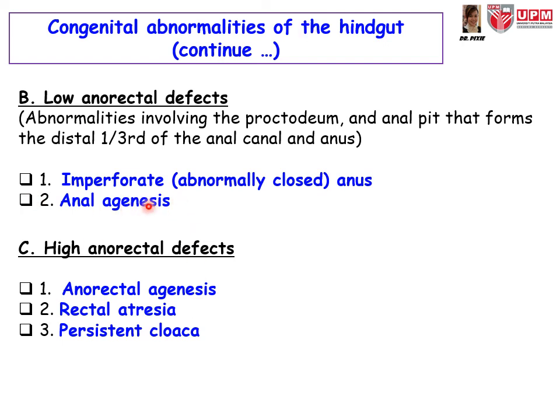For the anal agenesis that occurs with fistula, the fistula will grow into the urethra or vulva, and this is due to the failure of the urorectal septum to divide the cloaca properly. The high anorectal defects include the anorectal agenesis that involves the rectum, the rectal atresia, and the persistent cloaca.